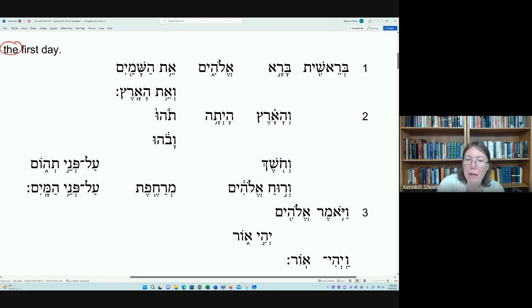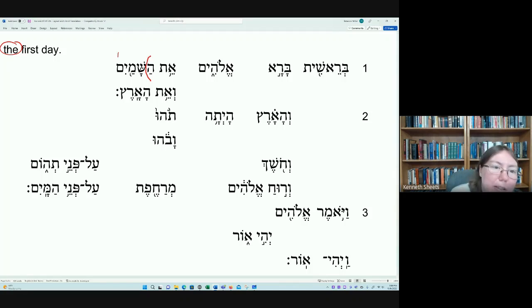Bereshith bara Elohim eth ha-shemayim. Oh, look at that. Hey with a pathak, followed by a Dagesh forte. That looks like one of our articles, and that is, in fact, what this is. So this would be the heaven. And we'll get to that dual ending there. But wa'eth ha'aretz, interesting.